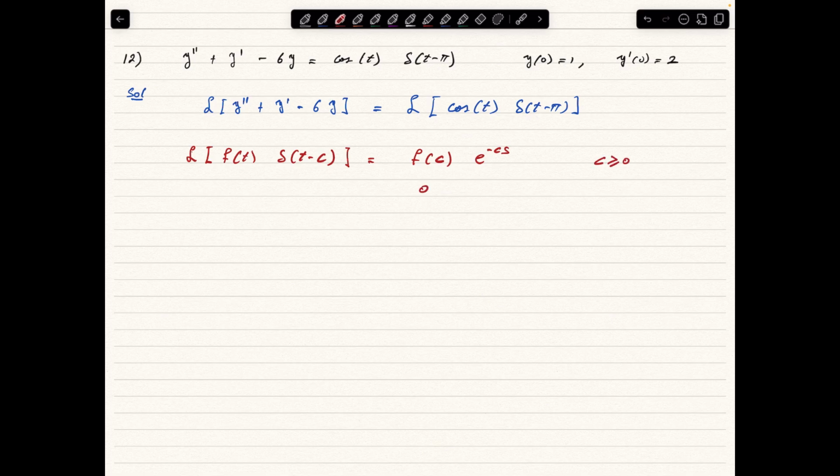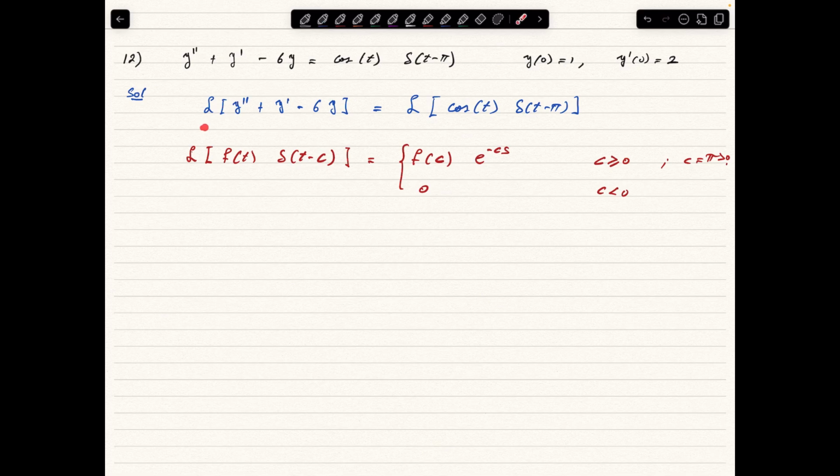Otherwise, this is 0 for c negative. So what is our c here? Well, the c in our case is pi. So we need to use this result with c equal to pi, which is positive. So we are going to use this result here.